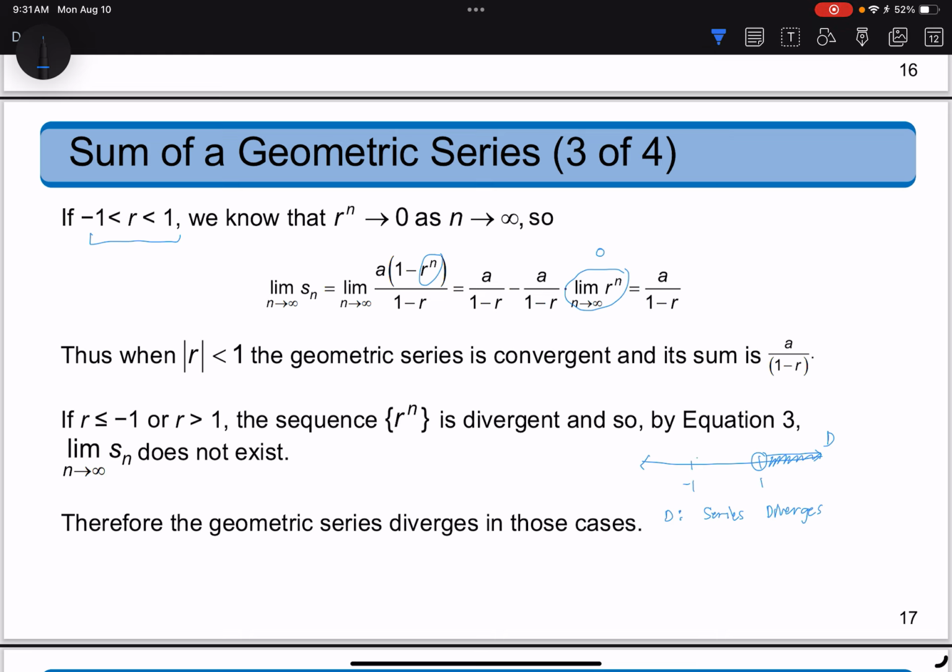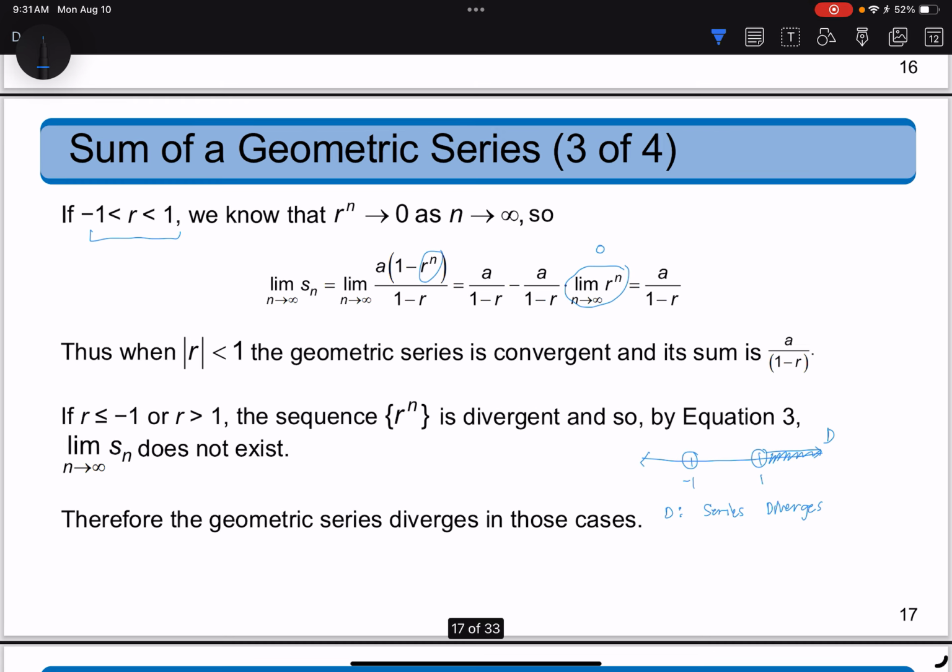When r is less than negative 1, the series also diverges. So take note that when it is less than or equal to negative 1, it diverges.